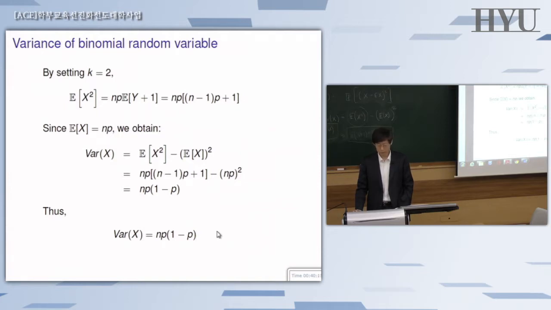Will I ask you to derive this variance and expected value of binomial n and p on the exam? Of course not. But you should know this formula. What's the mean and what's the variance? And this one will be used again and again and again as we move through this course. All the time. Literally all the time, until mid-June.